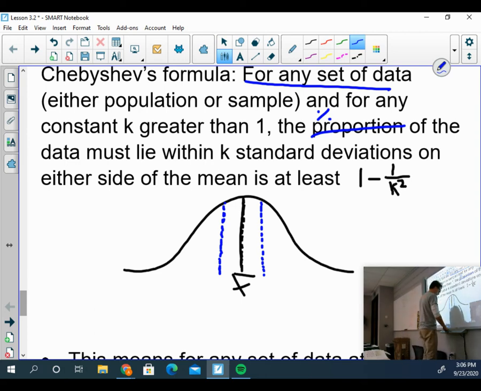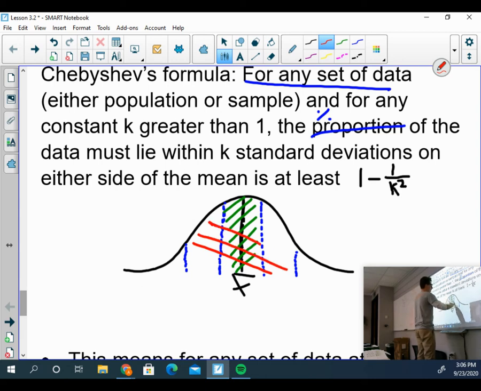One standard deviation away from either side of the mean would include all of this data. Two standard deviations away from the mean would include all of this data. Again, the standard deviation is the expected amount we're going to vary.